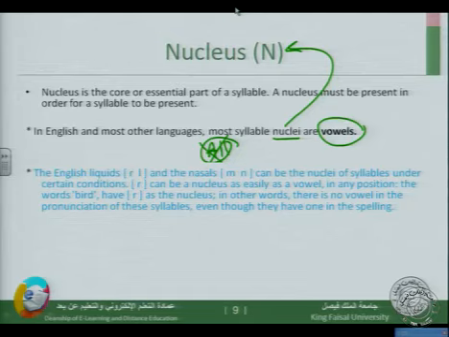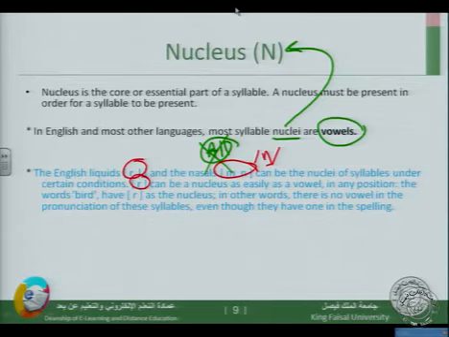Okay, the English liquids R, L, and the nasals M and N can be the nuclei of syllables under certain conditions. إذن ممكن بعض الكونسونانتس مثل liquids R, L, M and N and also ing، هذولا ممكن أيضا يكونوا nuclei for some syllables under certain conditions.